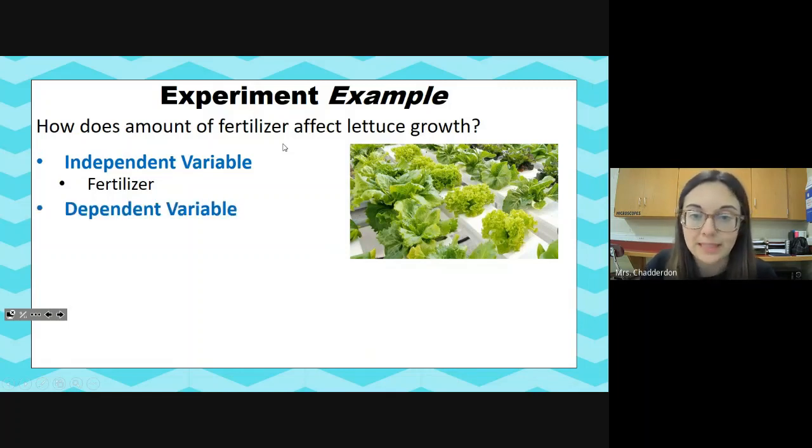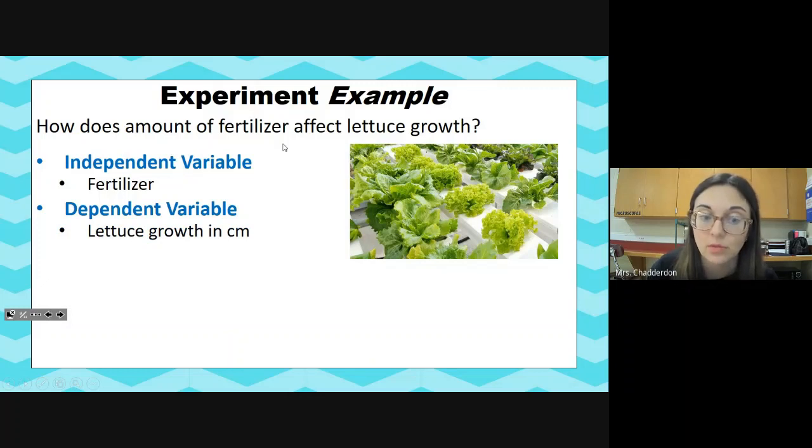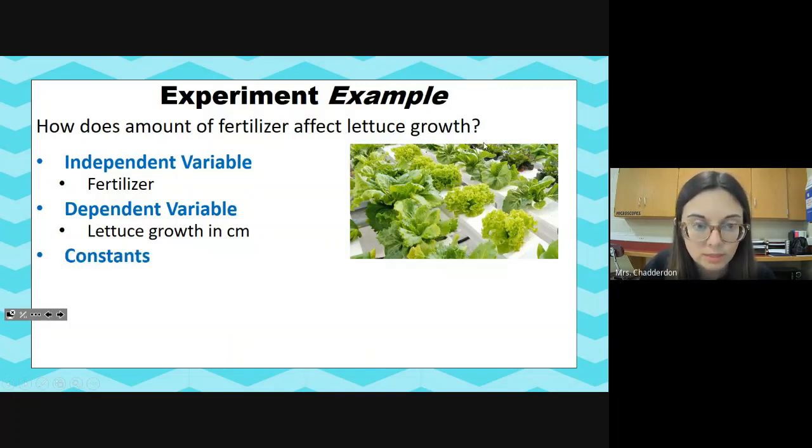Now, what would be my dependent variable, or the thing that I would measure at the end of my experiment? I could measure the lettuce growth in centimeters, okay? I'm going to see how the amount of fertilizer affects the lettuce growth. What are some things we would want to keep constant?